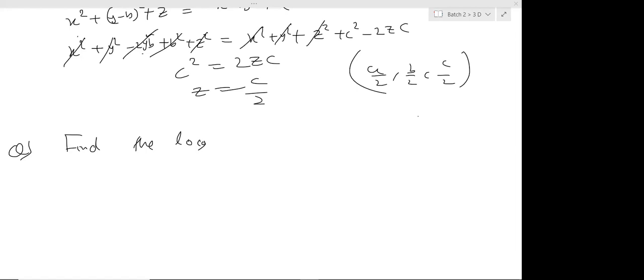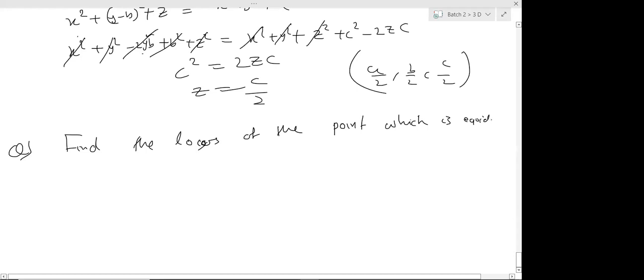Find the locus of the point which is equidistant from the points A is (0, 2, 3) and B is (2, -2, 1).